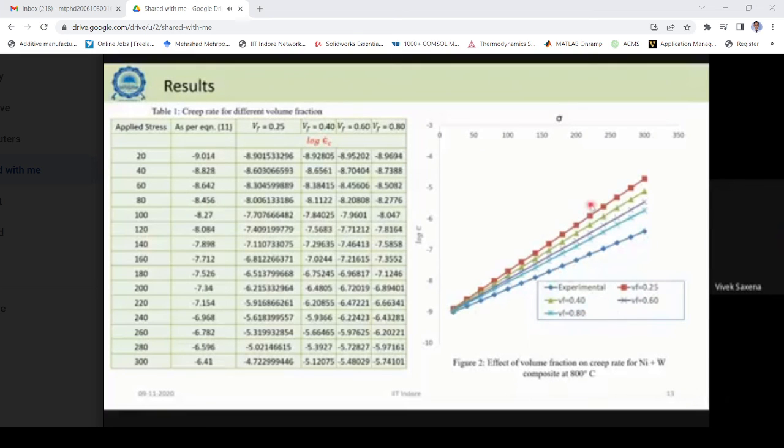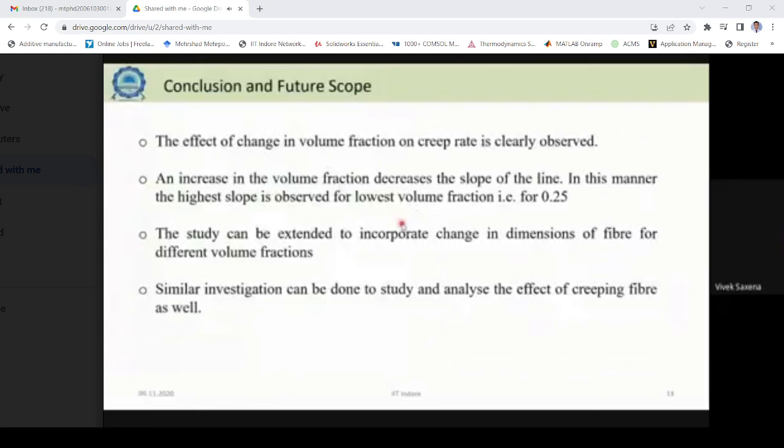I mean to say that the slope changes as we change the volume fraction for the model. So I concluded that the volume fraction clearly affected the creep rate. The increase in volume fraction decreases the slope of the curve.